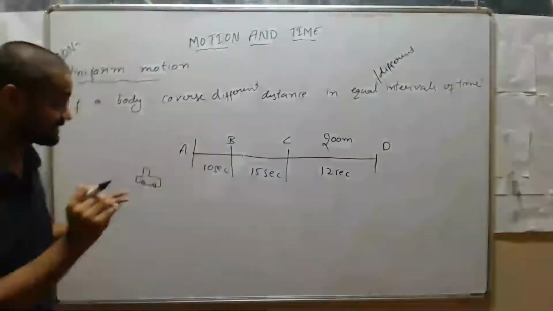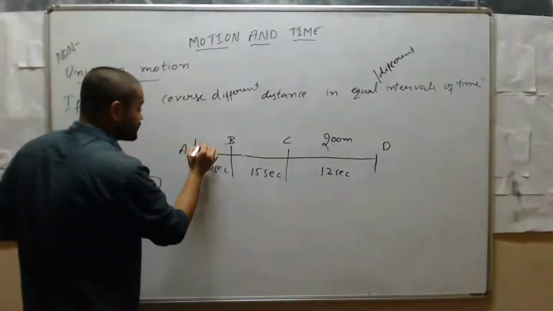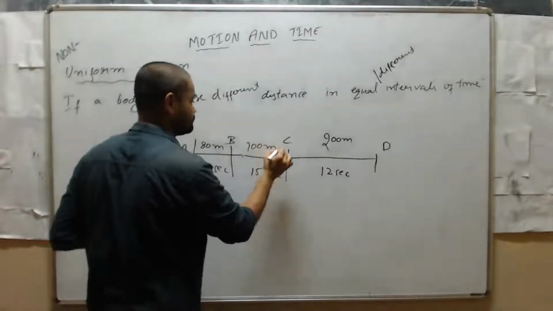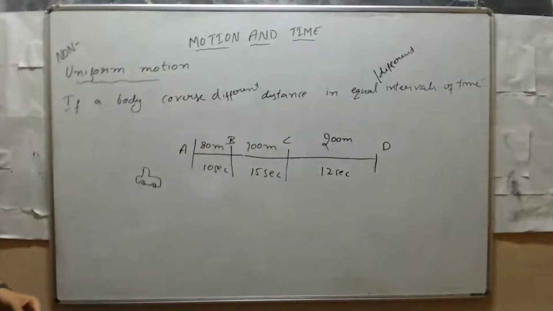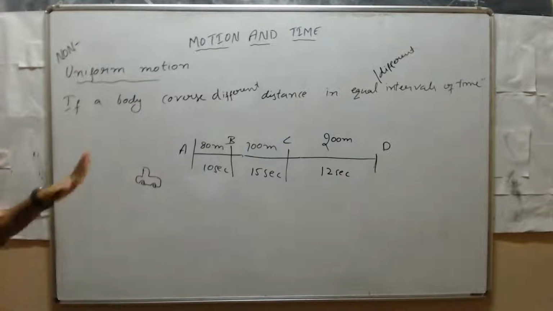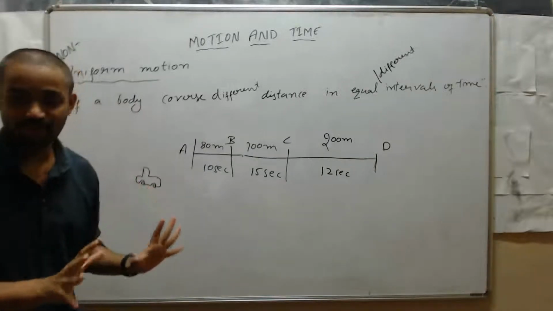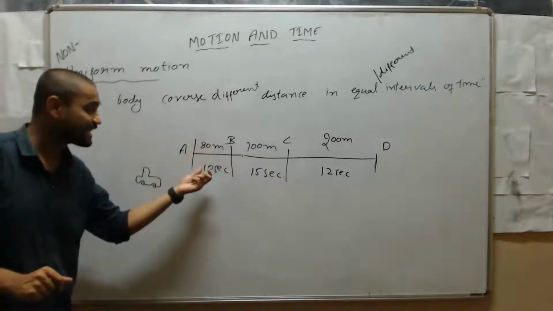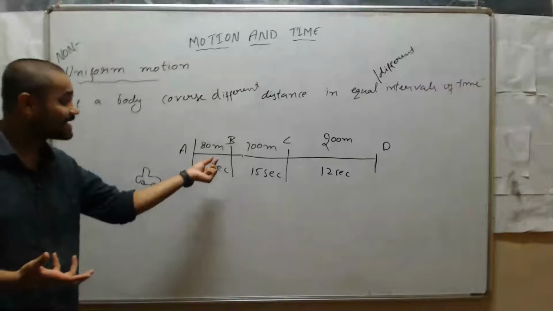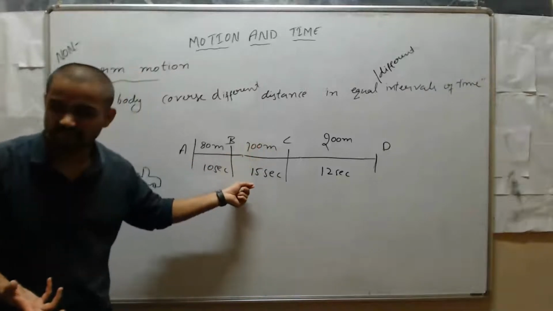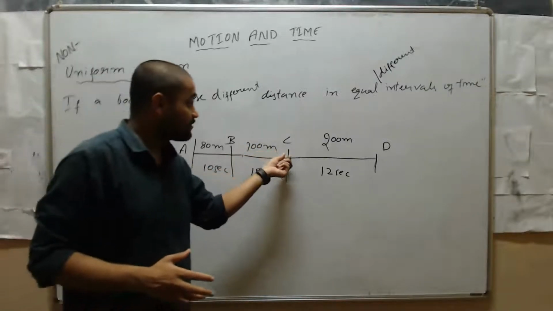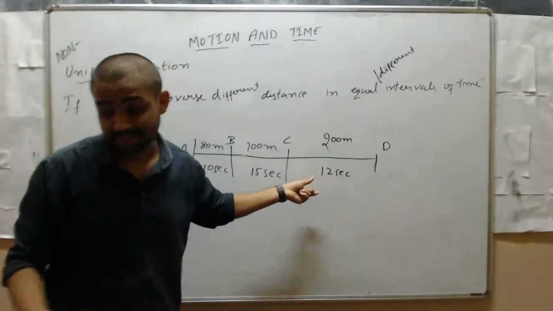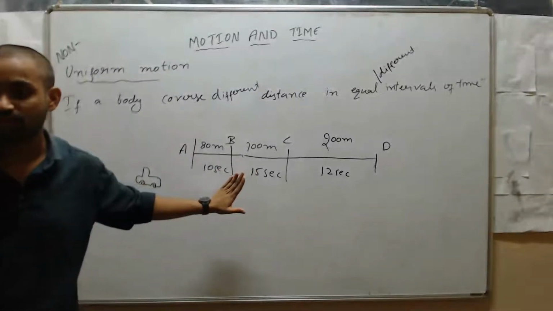From A to B is 80 meters, from B to C it is 100 meters. Now see, what is non-uniform motion? From A to B the distance is 80 meters and it takes 10 seconds. Then from B to C it is 100 meters and it takes 15 seconds. Then from C to D it is 200 meters and it takes 12 seconds. This is called non-uniform motion.